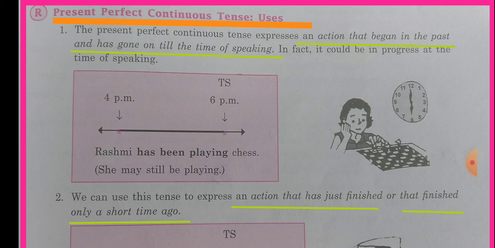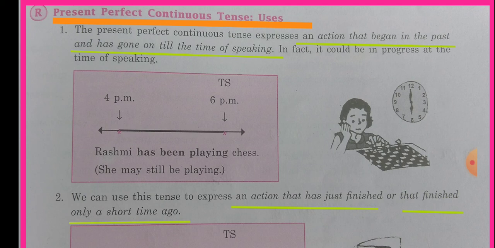Such actions are expressed by using present perfect continuous tense, like Rashmi has been playing chess. So she may have started playing before the person is speaking, but she is playing now also. So here we will use present perfect continuous tense.